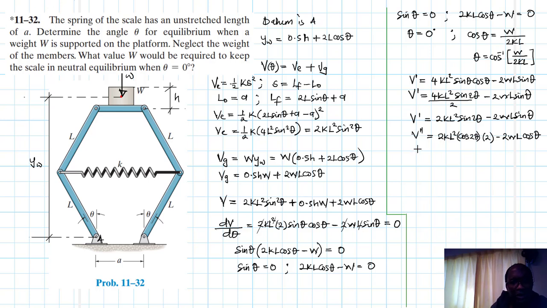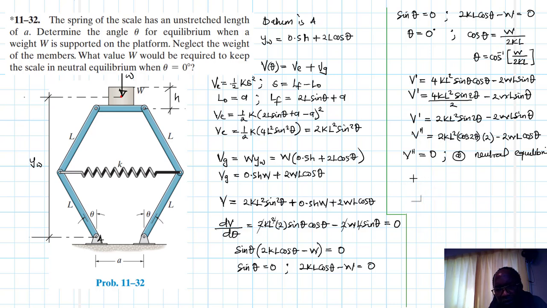So we'll say this b prime is equal to 0 at neutral equilibrium. Therefore we equate this to 0, so we'll say 2kl squared, and let me multiply everything.